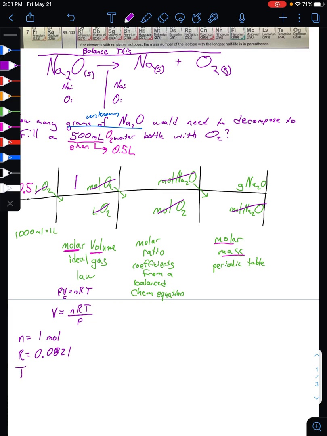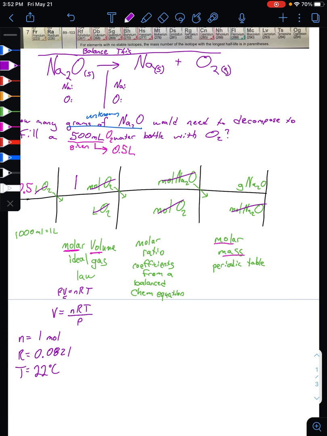That's R. T is temperature in Kelvin. It's actually pretty hot in my house right now. My house is like 72 degrees. 72 degrees is somewhere around 22 degrees Celsius. Now the tricky part is temperature must be in Kelvin. Kelvin starts at absolute 0, which is negative 273 point something Celsius.